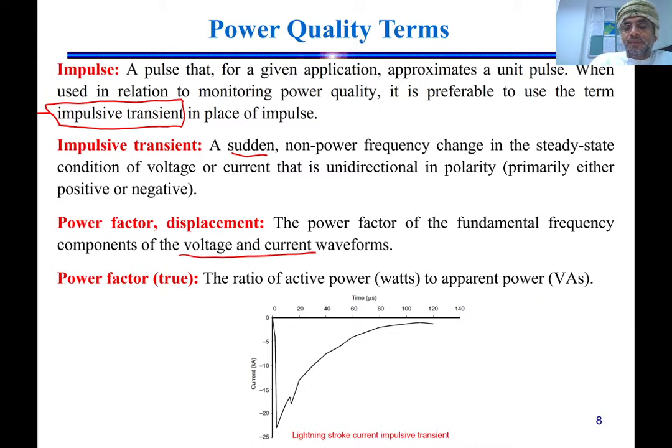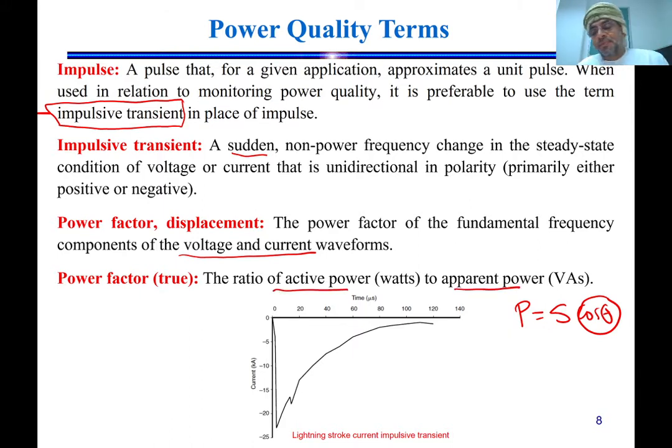Sorry, so it is P is equal to S cosine. So what is cosine? It is P over S. So it is the ratio of the active power to the apparent power.